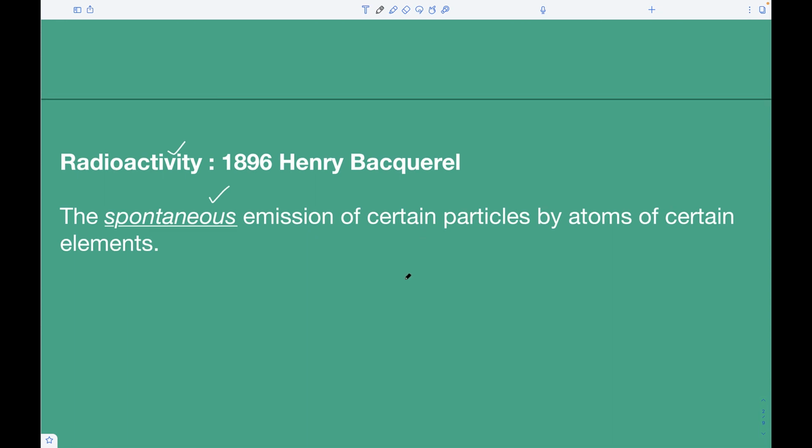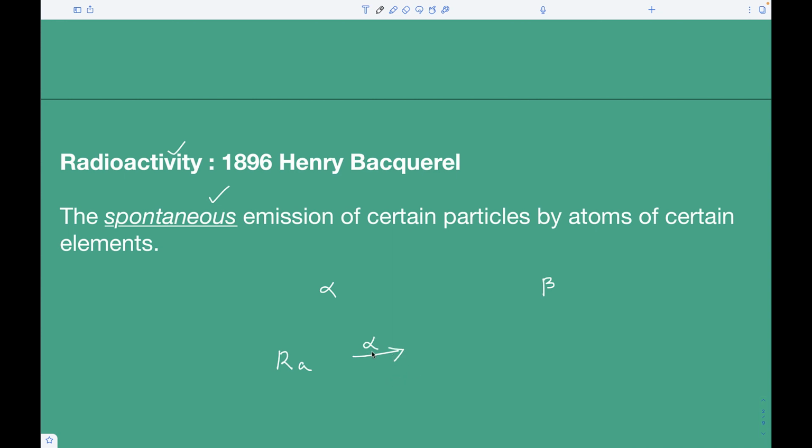Now, some radioactive substances emit a kind of particle known as alpha particle, and some radioactive substances emit a different kind of particle known as beta particle. For example, radium emits an alpha particle.